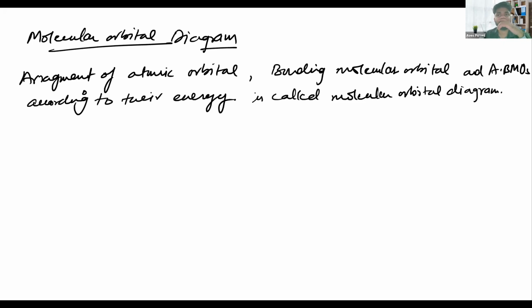Done? Yes, sir. It is the same as what we are studying here. If you draw the diagram of N2, how can you draw it? It is drawn like this. The energy diagram will have 1s2 orbital first, then here it is also 1s2 orbitals, and they combine together.